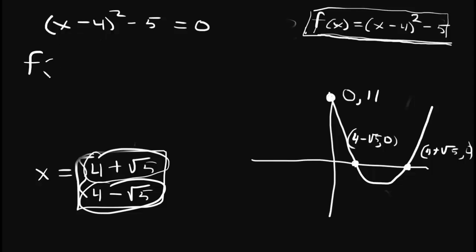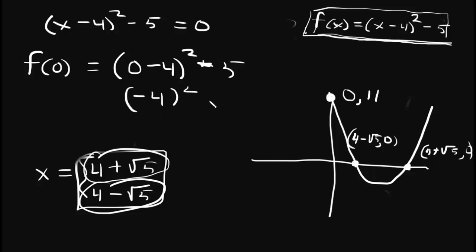All right, so f(0) is equal to, substituting now a 0 for the x, (0 minus 4) squared minus 5. And 0 minus 4 squared is just (minus 4) squared minus 5. And (minus 4) squared, well, squaring a negative makes it positive.